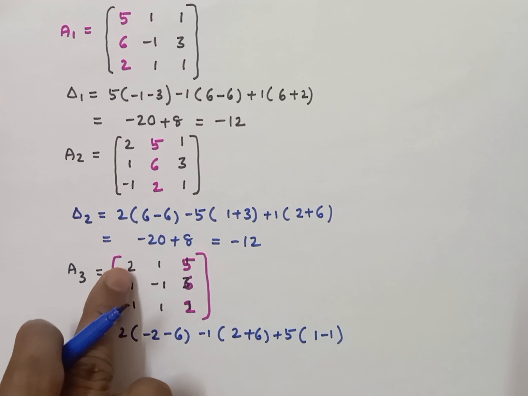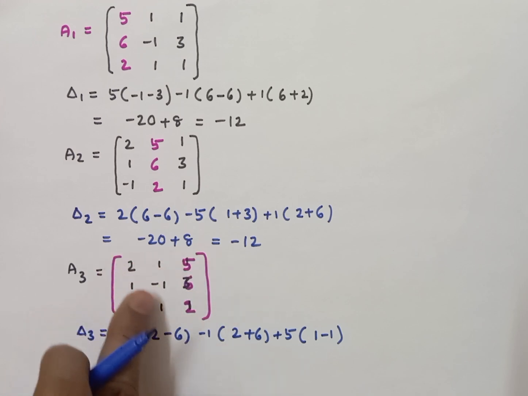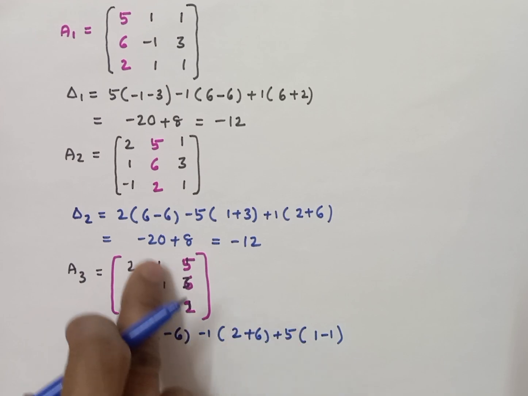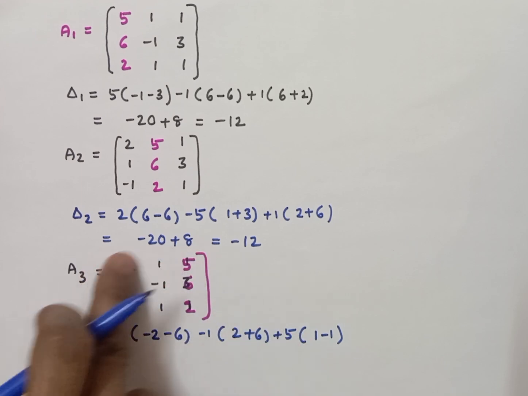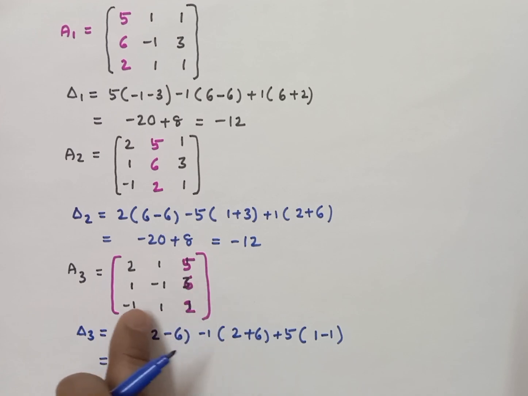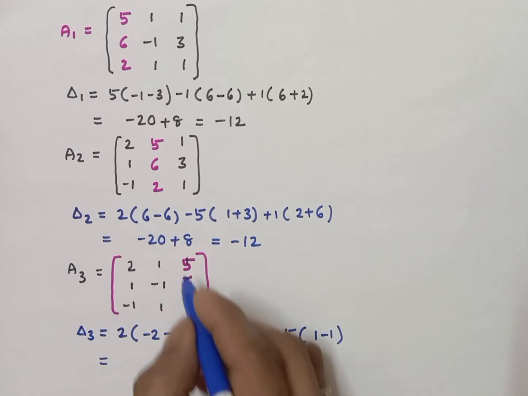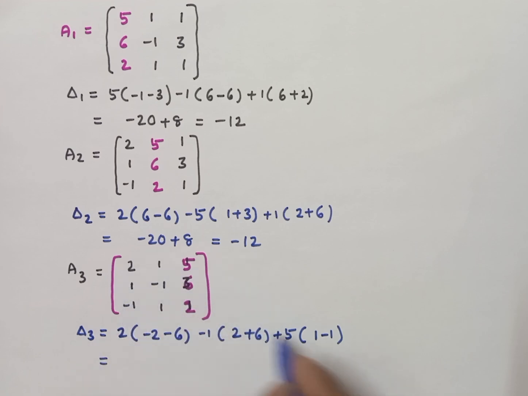Like for the first one, we deleted the respective row and column. So minus 1 into 2 into minus 2 minus 6, AD minus BC. Similarly, minus 1, next plus, minus, plus. So we have deleted the respective row and column. 1 into 2, 2 minus 6 into minus 1, minus 6, that is already minus, it becomes plus. Now 5 into 1 into 1, and minus again we will get plus 1, so minus 1 like that. AD minus BC.